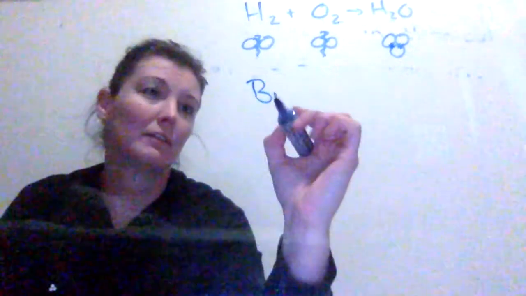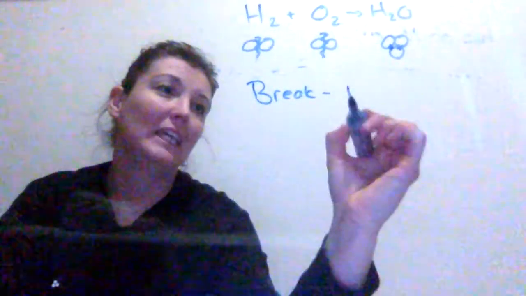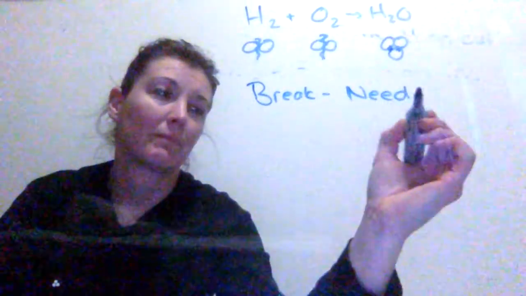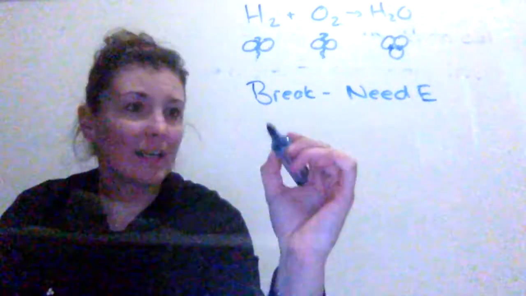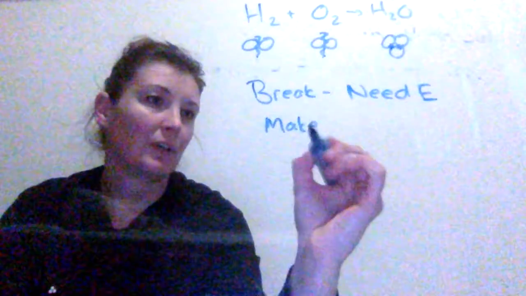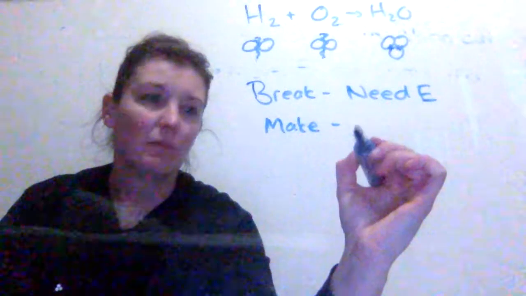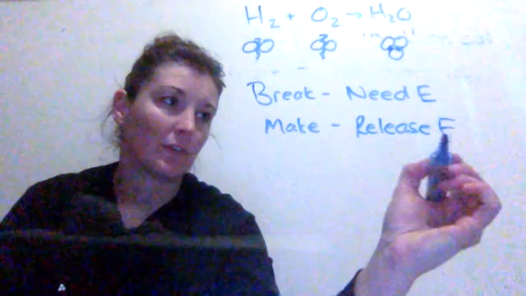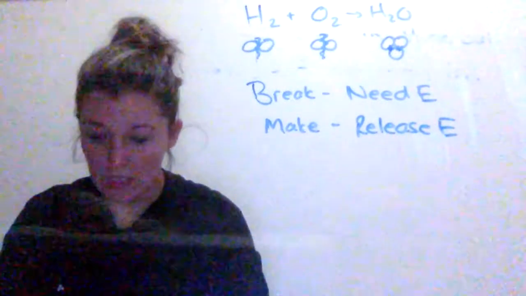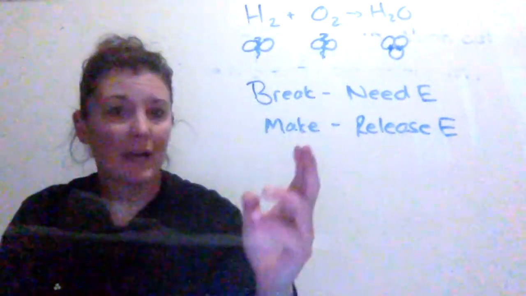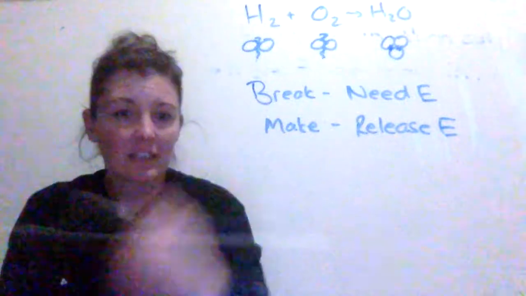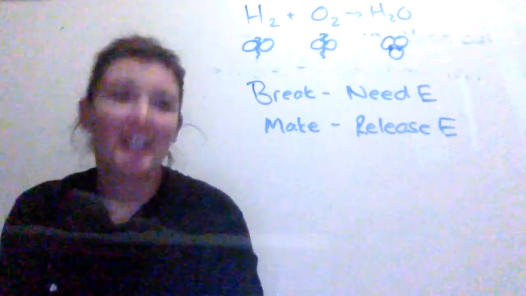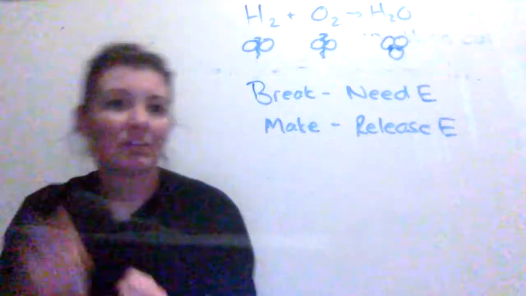So to break bonds, you need energy. And to make bonds, you release energy. This breaking and making of bonds is the balance I keep referring to, of absorbing energy and releasing energy.